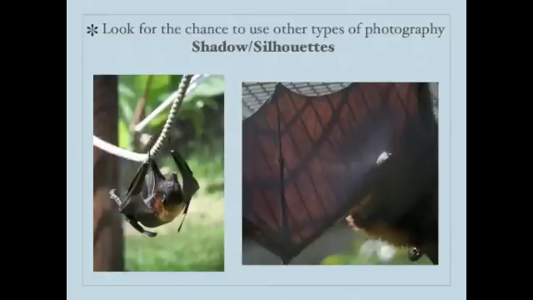And then all of a sudden, one of them opens its wings, and that's the shot on the right, and you can see all this silhouette and shadow and color in the wing, and I thought that was so interesting. So look for shadows and silhouettes. You never know what you might find.